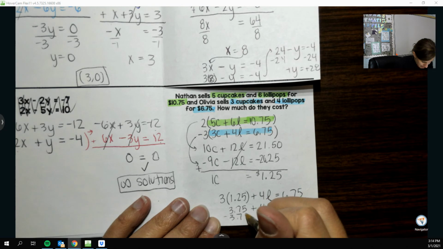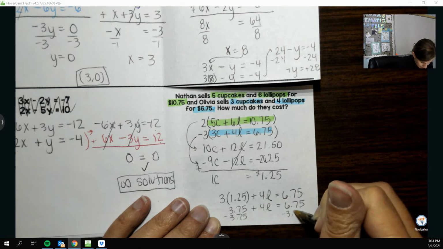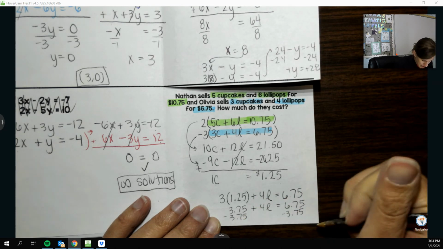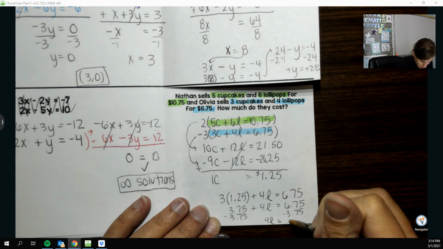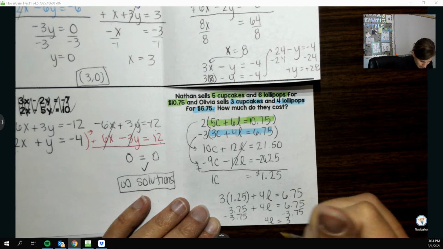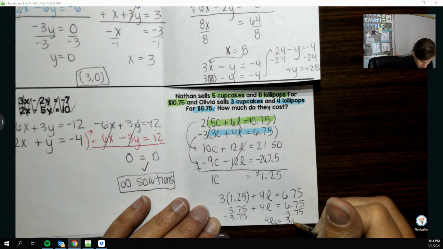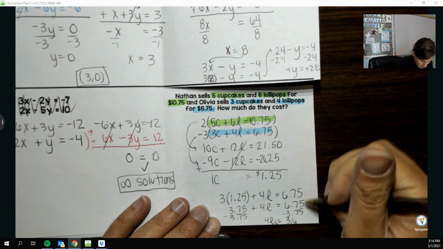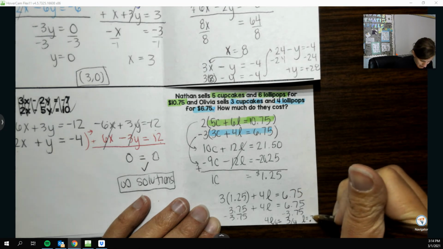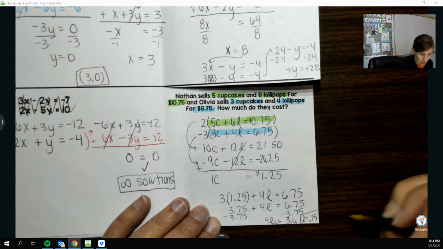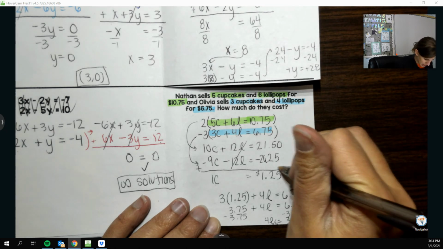Subtract your 3.75. And so we'll have 4l equals $3. And then divide by 4, which is just 75 cents. So L equals 0.75. Sorry, it's so teeny tiny.